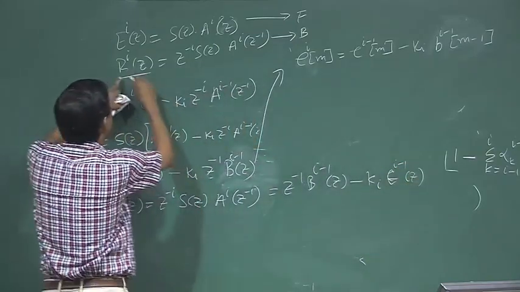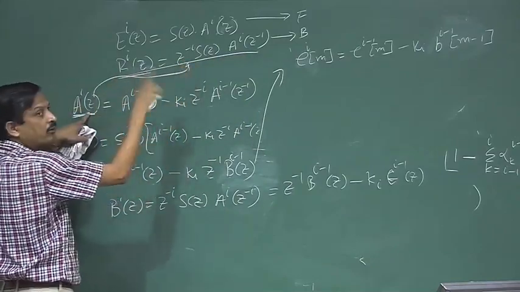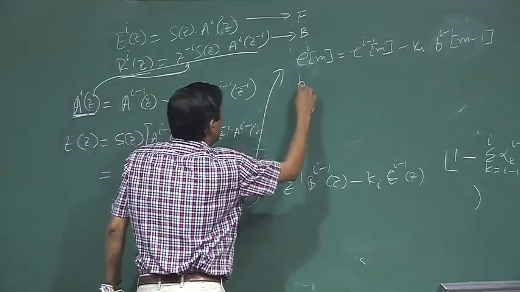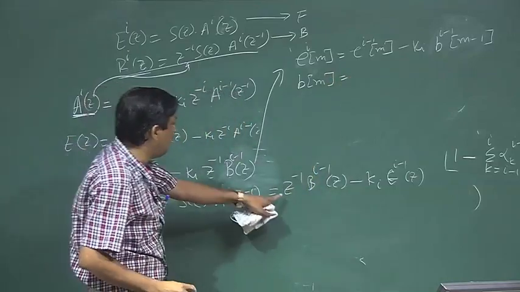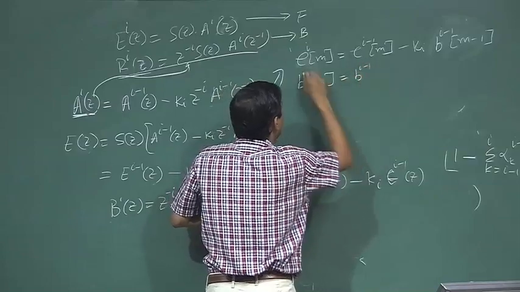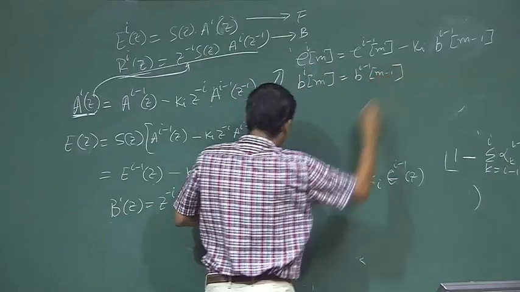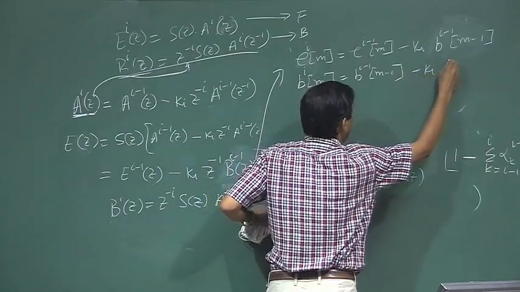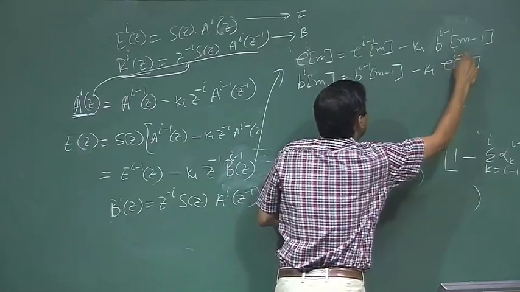So from this equation I can get B i m is nothing but B i minus 1 m minus 1, since z to the power minus 1 is there, minus k i into E i minus 1 m.